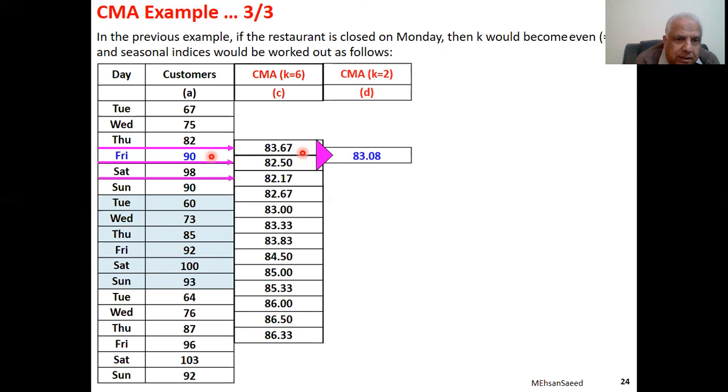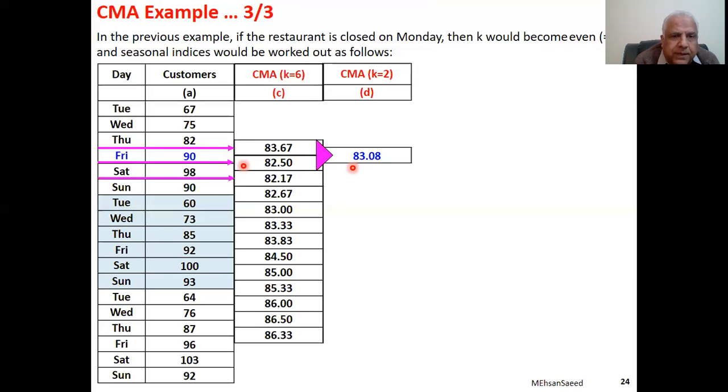This is the statistical middle. And if you now extend the statistical middle in the other direction, it is Friday. So for Friday, this was the actual value, this was the forecast. We can divide and get the value of index.